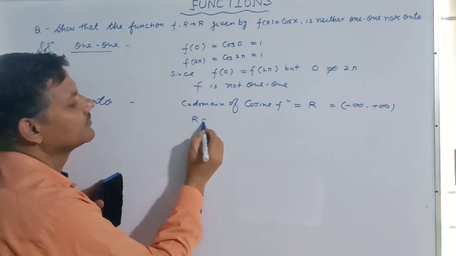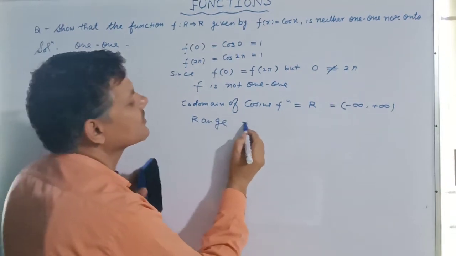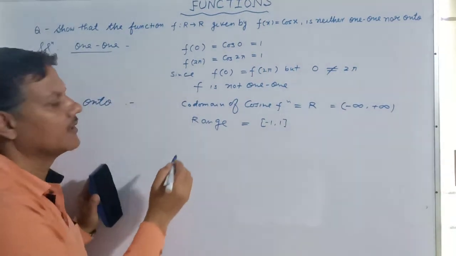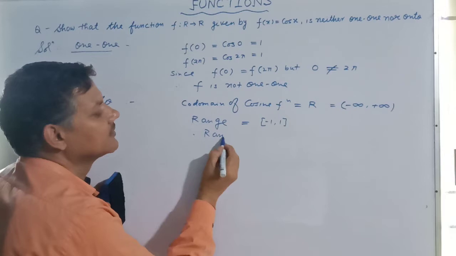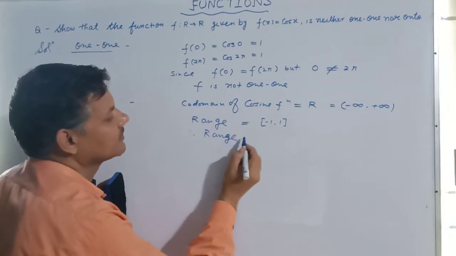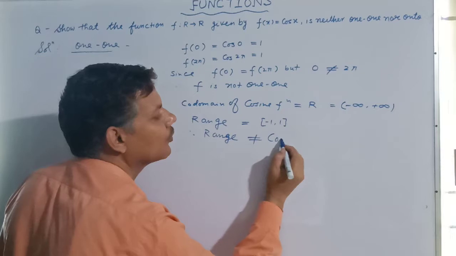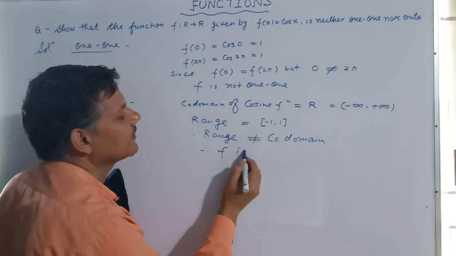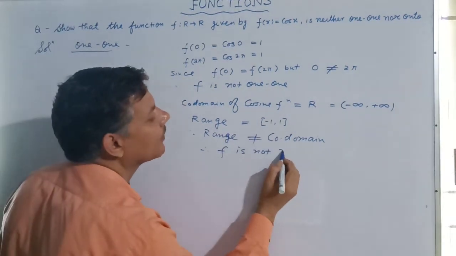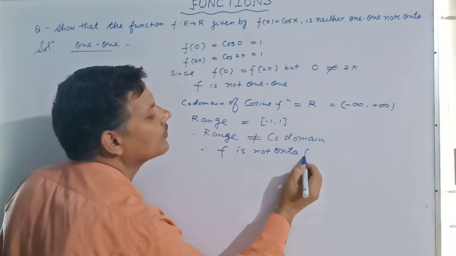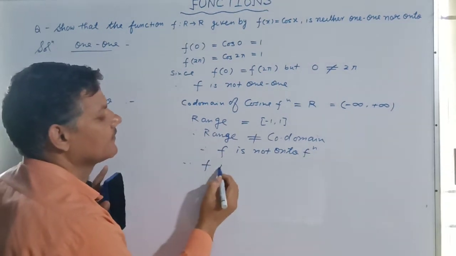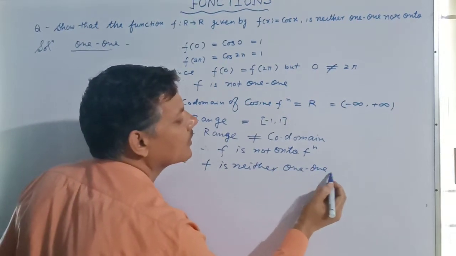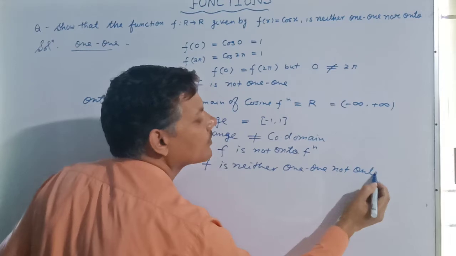But the range is equal to the closed interval minus 1 to 1, and simply we write: since the range is not equal to the codomain, therefore f is not onto function, therefore f is neither one-one nor onto.